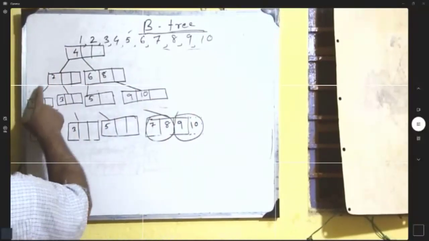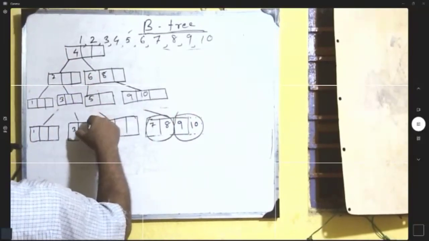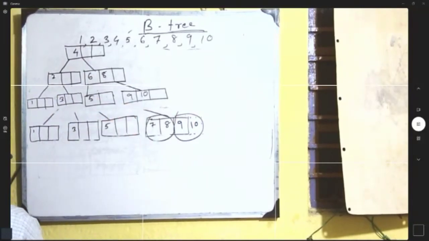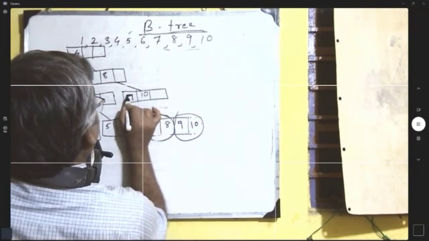So 1, 2, 3, 4, 5, 6, and 7. What is the 7? This will be the 7. 8 is already shifted, and 9, 10.